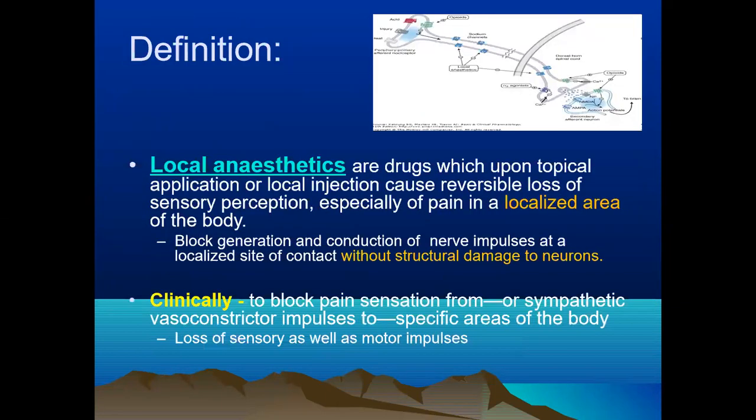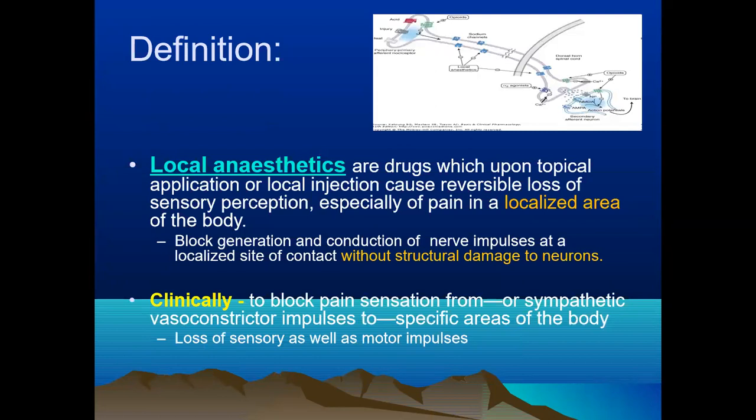local anesthesia is a drug which, upon application topically or sometimes with local injections, can cause a reversible loss of sensation, loss of pain, in a localized part of the body. This happens because of blockage of conduction of nerve impulses in a specific localized site of interest, without any structural damage to the nerves or to the neurons.